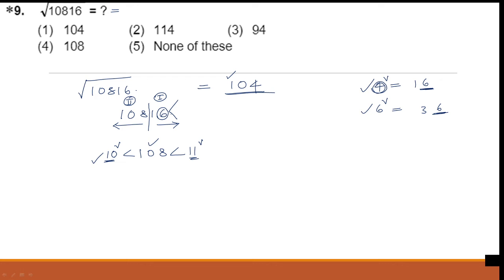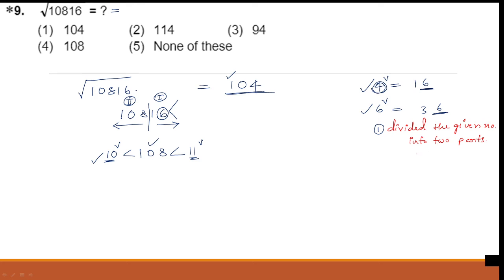Is that okay? Okay, now I am going to write the steps for this. So what is the first step we did here? First we divided the given number into two parts.